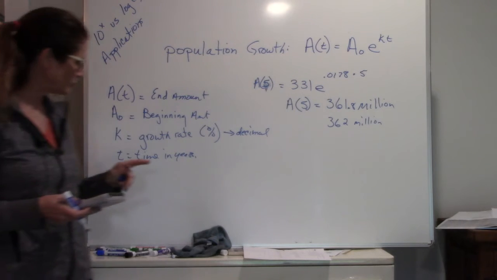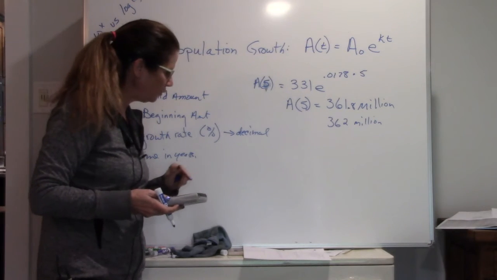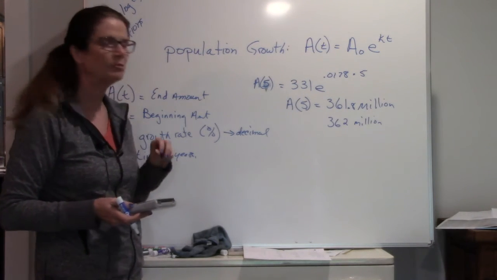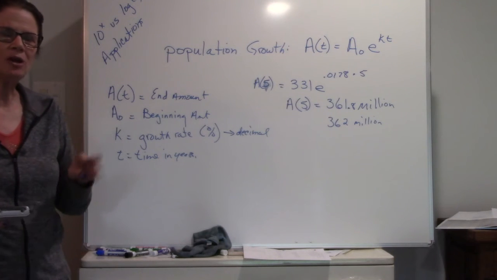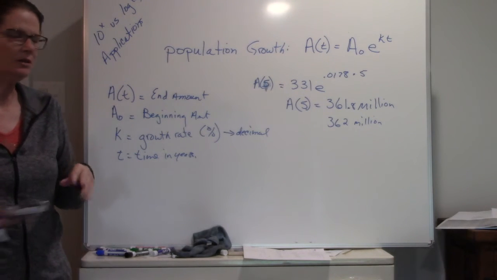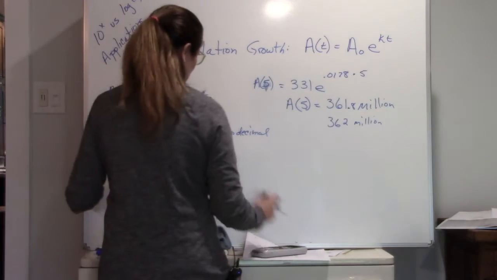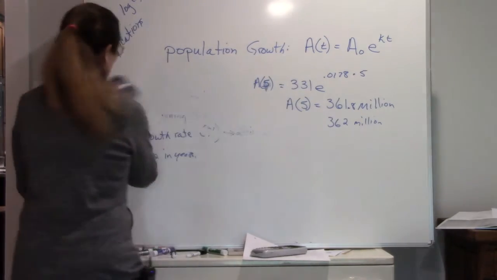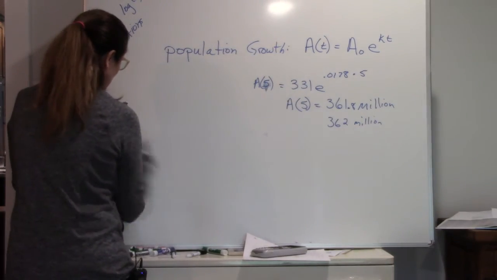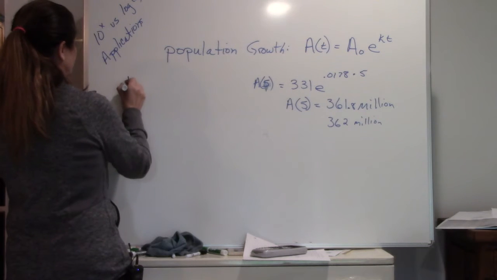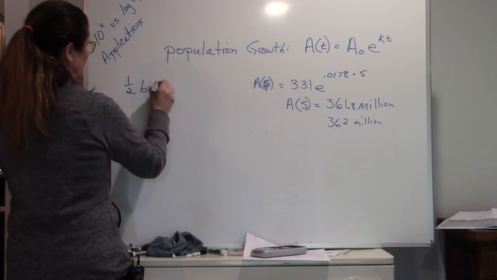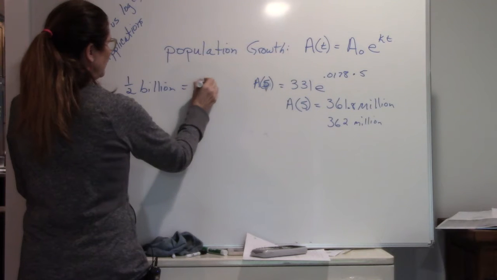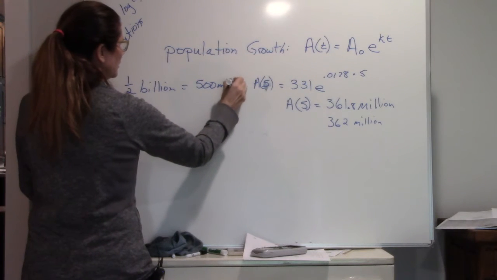Then the second question for this one says, when will the population hit 500 million? So think about your numbers. 500 million is the same as 500 million.